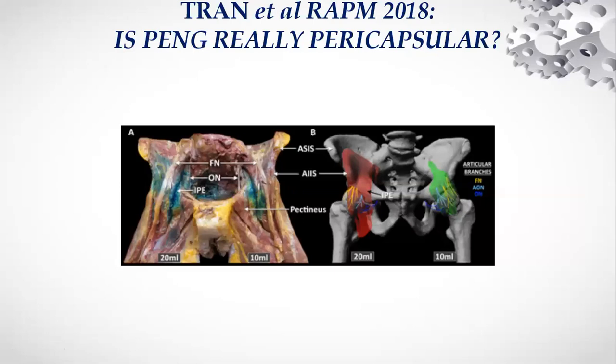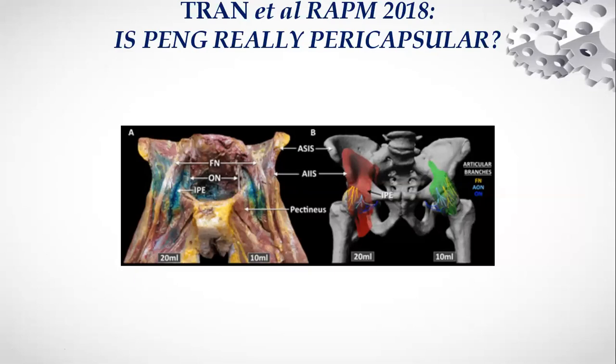Again, there were further follow-up studies and follow-up letters to the editor. There was one more paper by Tran et al. in RAPM 2018, where he investigated in cadavers whether this so-called pericapsular nerve group is actually pericapsular.